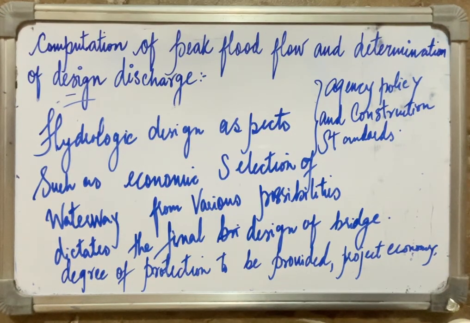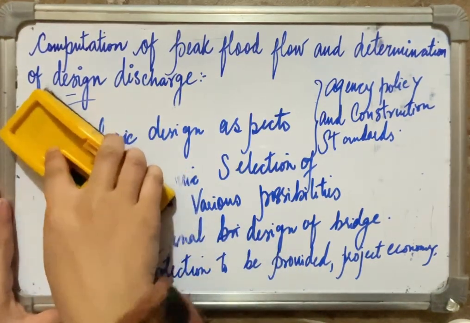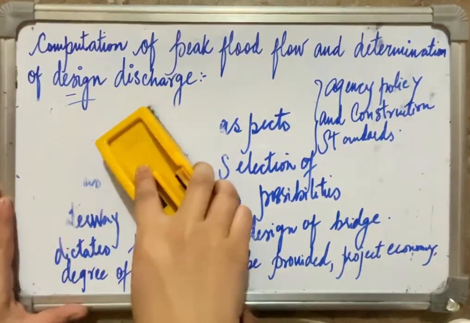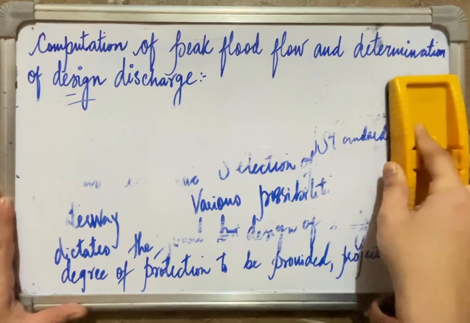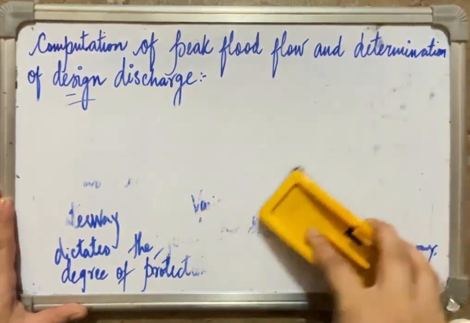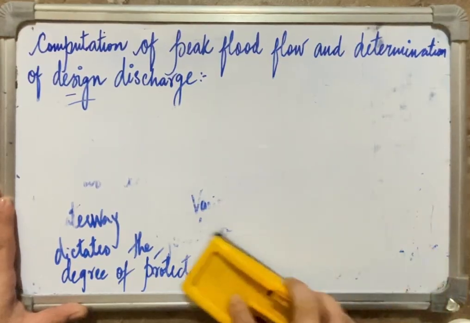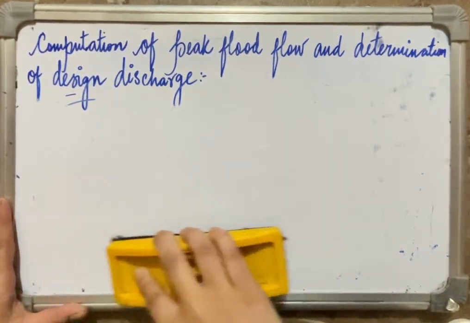So this was about how we calculate the maximum discharge and the design discharge, and you got an insight into how we make such calculations and how important they are for the hydrological and hydraulic design of bridges.